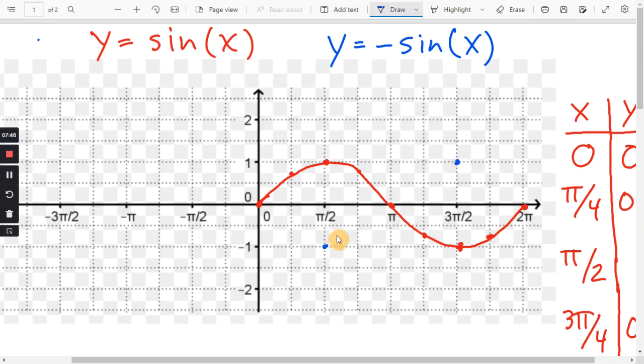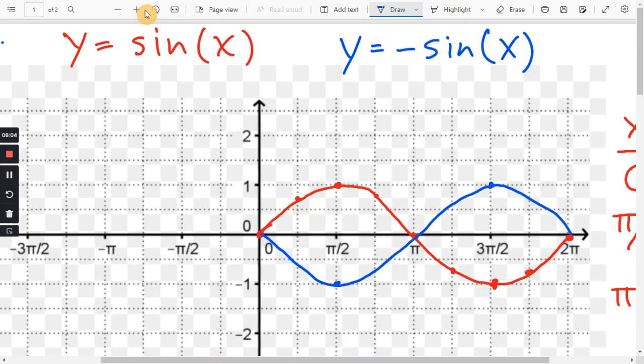So instead of like it is in red, we still start at the origin, but instead of headed to the max, we first head to the minimum. And then it goes like this, and it goes like that. So the negative sine of x is just a reflection over the x-axis.